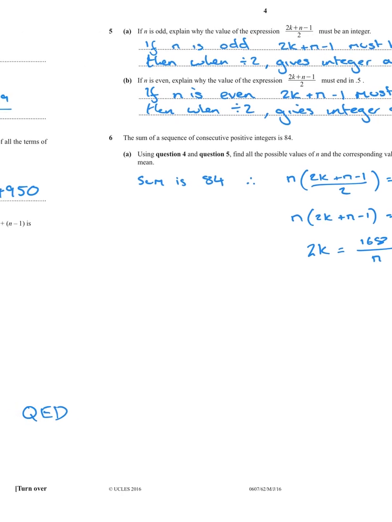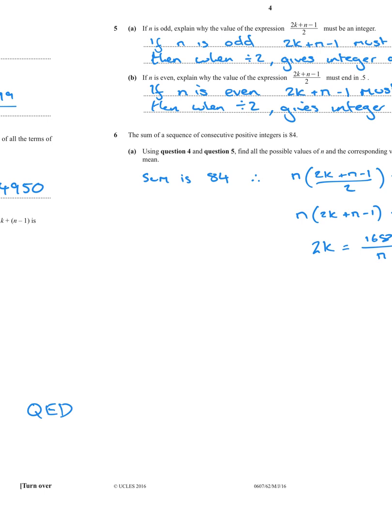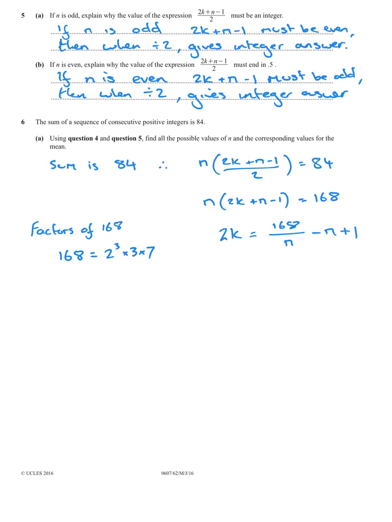So my factors of 168, what I'm going to do is write down the prime factors because my GDC can give me those. And it tells me that 168 is equal to 2 cubed times 3 times 7. I'm just going to simplify my process a little bit. Obviously, different combinations of those multiplied together are going to give me the factors.